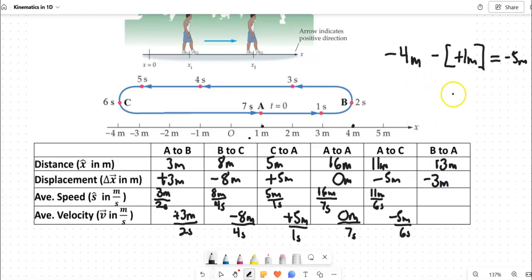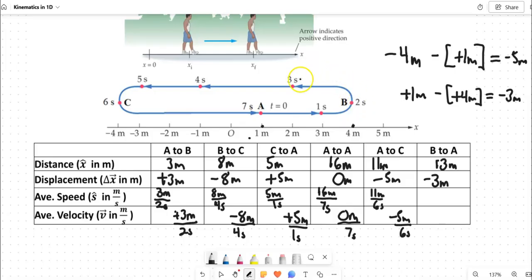In other words, starting out at the positive 4 meter mark, your end position is the positive 1 meter mark. So positive 1 minus 4 is going to be negative 3. And at the 2 second mark, your time would be 2 seconds.